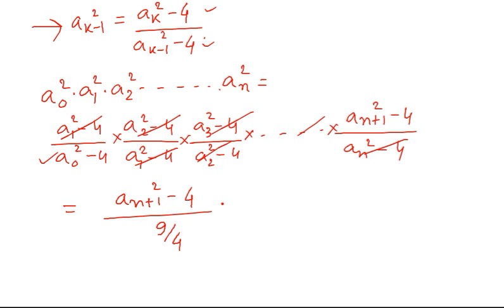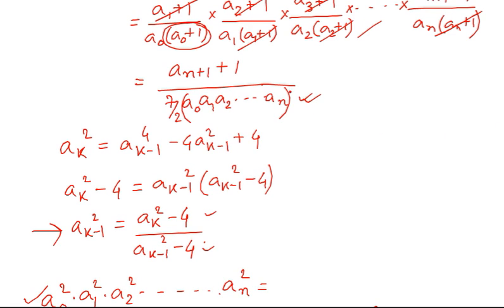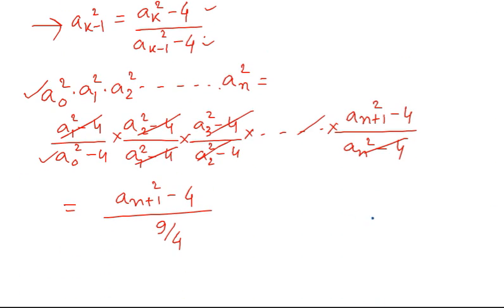right? So this is the value of a0 square, a1 square, a2 square up to an square. So from here we can put that value in the denominator. So ultimately we will be getting, this is going to be equal to 2 by 7 into an plus 1 plus 1 divided by this continuous product, and that continuous product is obtained from here.